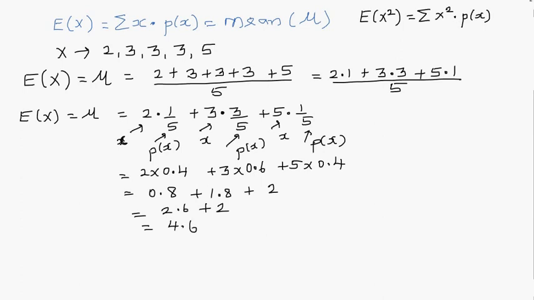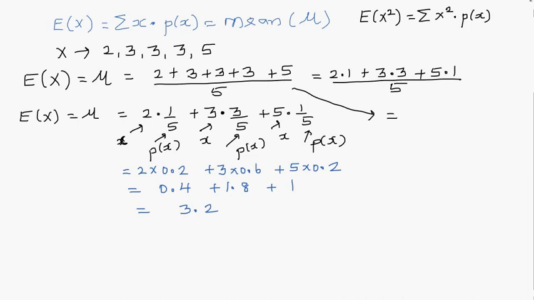So if you had done this directly, you would have got what? Oh, I'm making a mistake here. 5 times 1/5 is 1, so that's a mistake.